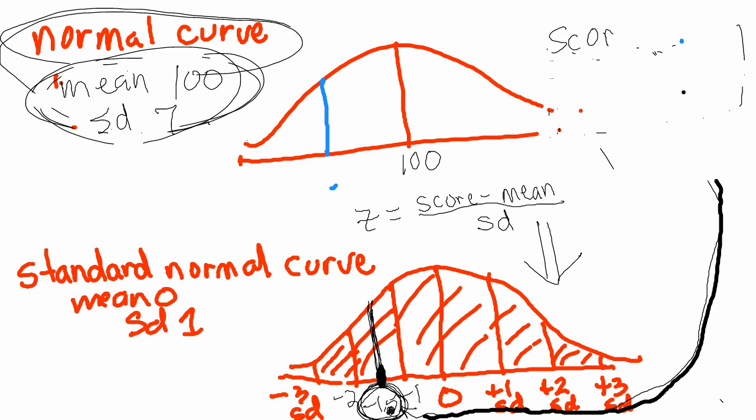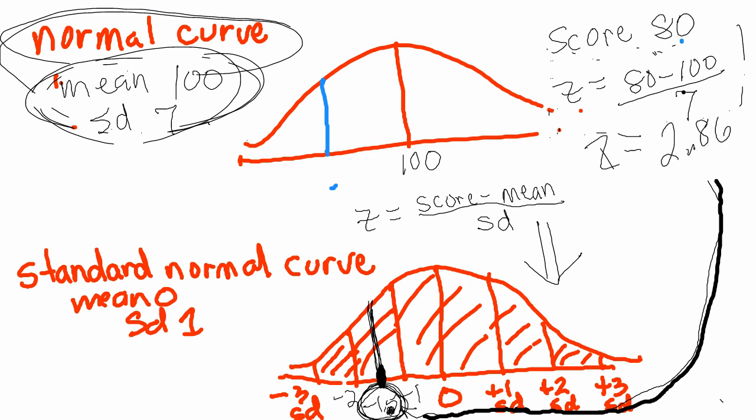Let's say our score here is 80. So the z-score would be 80 minus 100, minus the mean, divided by the standard deviation. So for this problem, the z-score would be 2.85, so 2.86, let's say.